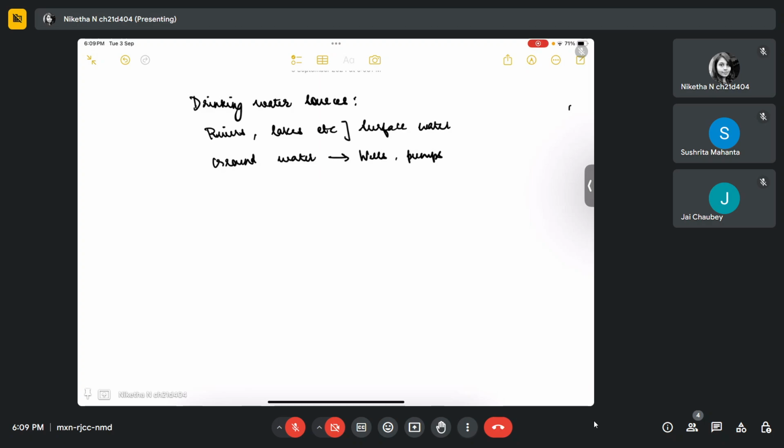Sometimes water that we drink may have certain unwanted components called pollutants. So, in order to remove them, we have to do some treatment.